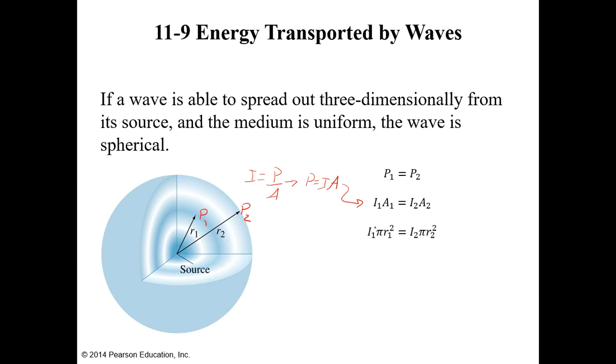It's intensity times 4 pi r squared on both sides. I neglected the 4 in this equation, but it doesn't matter. The 4's will cancel out anyway, but yes, that 4 should be there. So the 4 pi on both sides cancels, and you're left with an interesting relationship, that the product of the intensity with the square of the radius is a constant. And so, as a result, if you know the intensity here, then you can easily find your intensity at any other point.